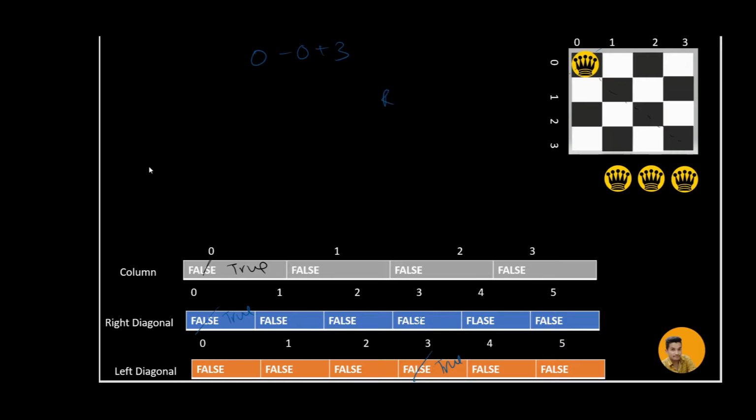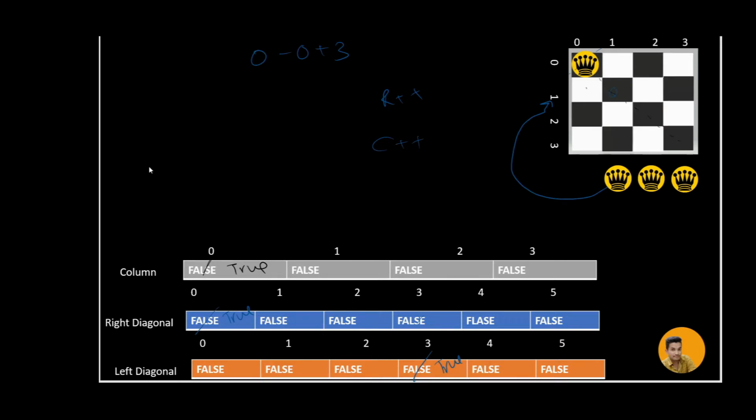Now we'll increase the row and pick the next queen and check. Can I place it in column 0? No, the queen is placed and column 0 is true. Okay, increase the column. Now I am here. Can I place? Yes, column 1 is empty, it is false.